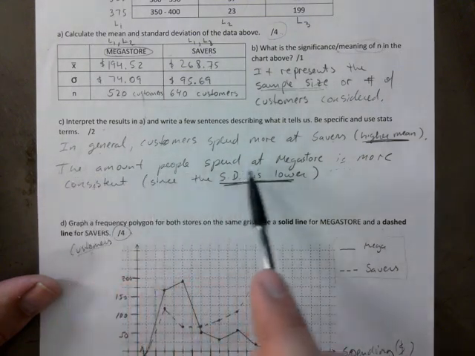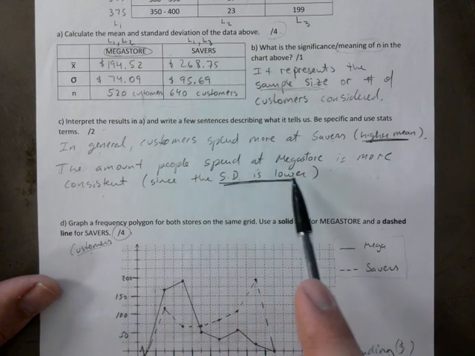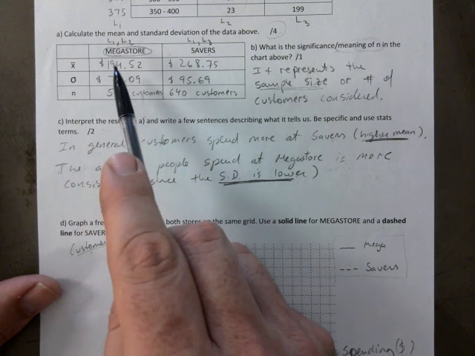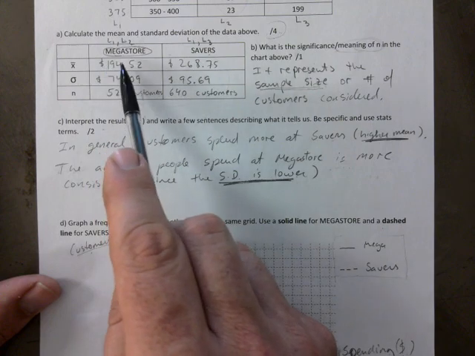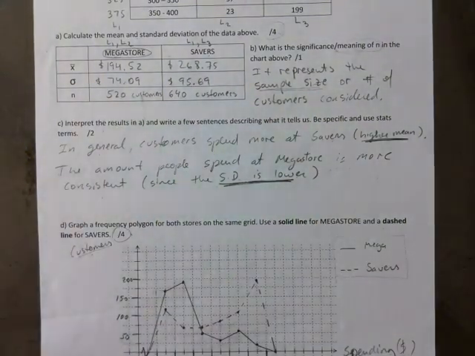The amount people spend at Megastore is more consistent since the standard deviation is lower, right? So Megastore has more consistent spending, it's a bit closer to what the average is than at Savers. It varies more at Savers.